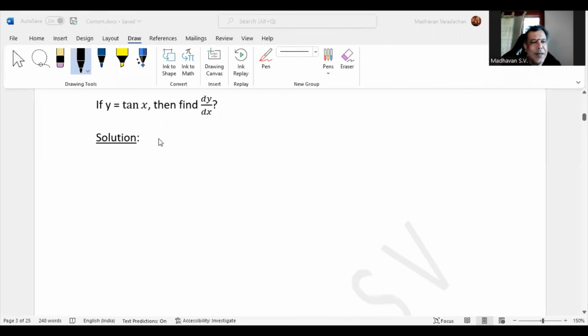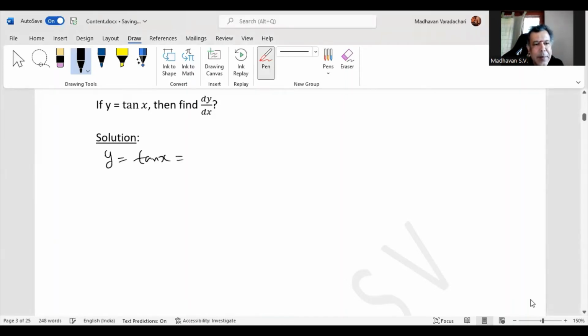In this, we need to find out the derivative of tan x. If y is equal to tan x, then find dy by dx. So here, y is nothing but tan x, and that can be written as sine x divided by cos x, which means we will be using quotient rule.